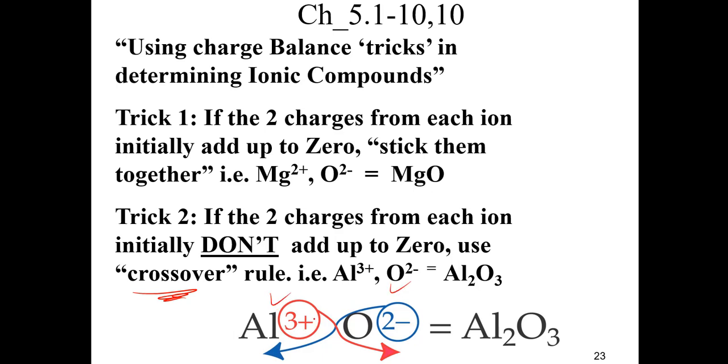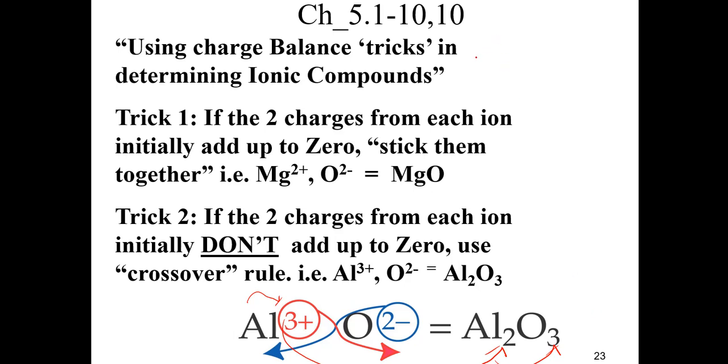They don't equal 0, so then the 3 plus goes down here and forms the 3. The 2 minus goes down here and forms the 2. Now, some technical terms. Charges are always in the upper right hand corner, so we call those superscripts. And then the number of the ions is always down below, and that's the subscript.